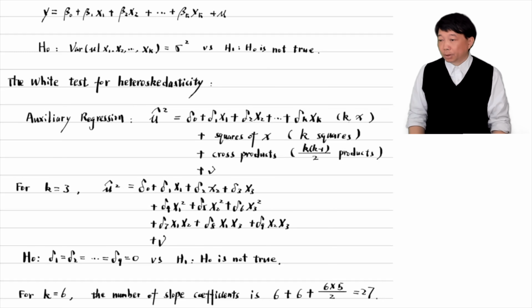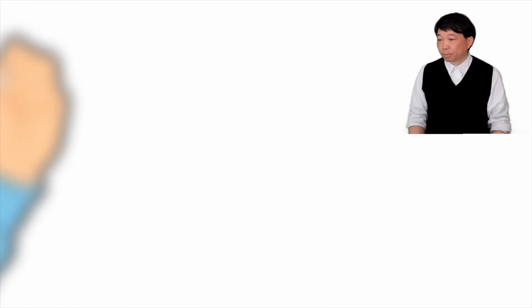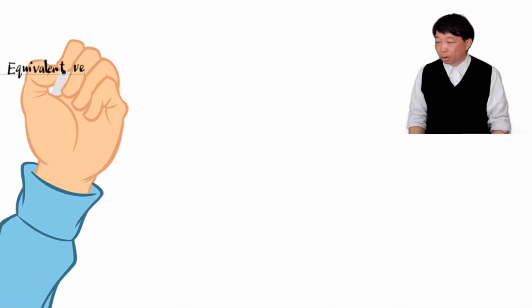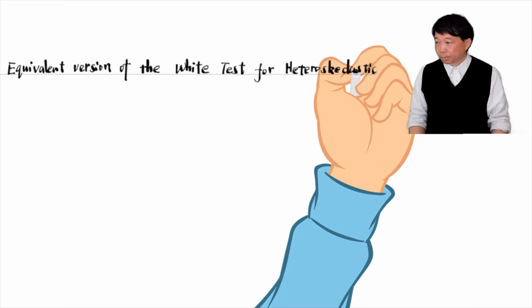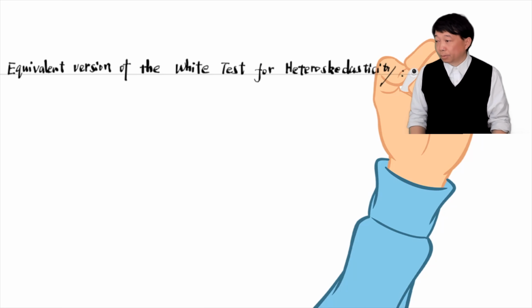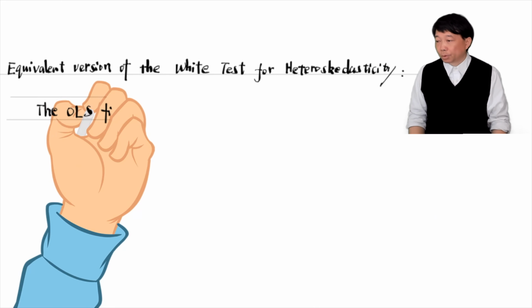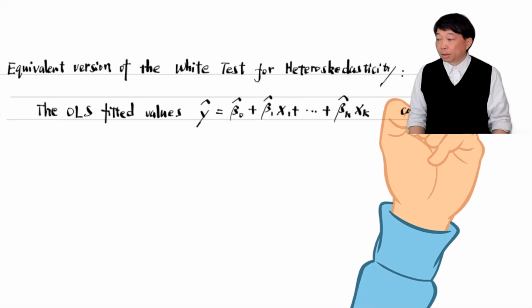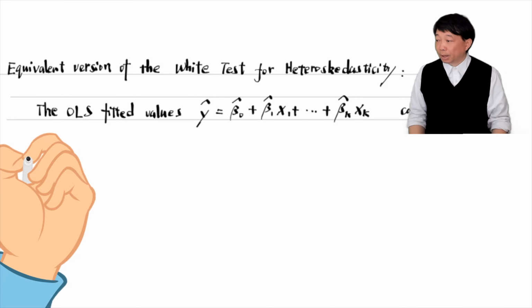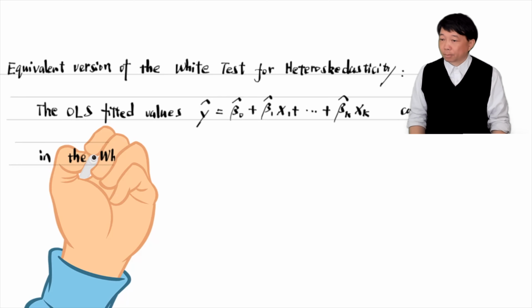To overcome this inconvenience, an equivalent version of the White test uses only 2 regressors in the auxiliary model, no matter how many explanatory variables are in the original model. Recall that the OLS fitted value is a linear function of all the explanatory variables.